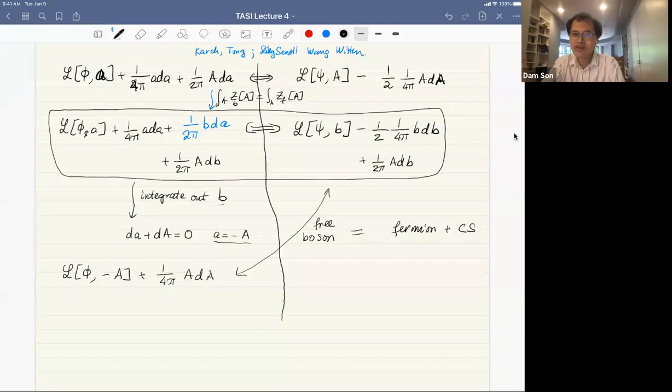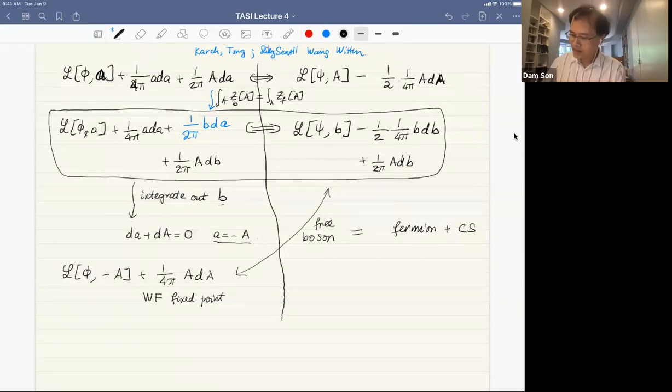Here we have a fermion coupled to a Chern-Simons field, which is now a boson, but it is not a free boson; it is the Wilson-Fisher fixed point of the bosonic theory. So we get a new duality that way.